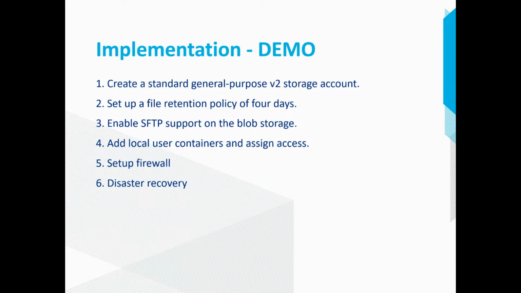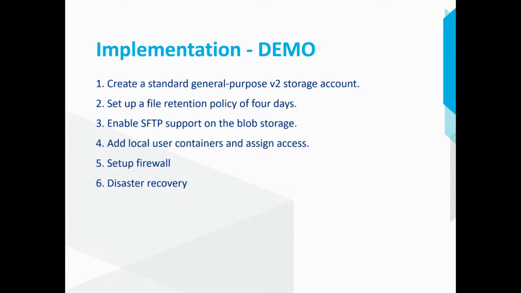And to be able to enable SFTP on blob storage, you need to then upgrade that storage account to Data Lake V2. And I'll talk a little bit about some of the other aspects that are down there later on.